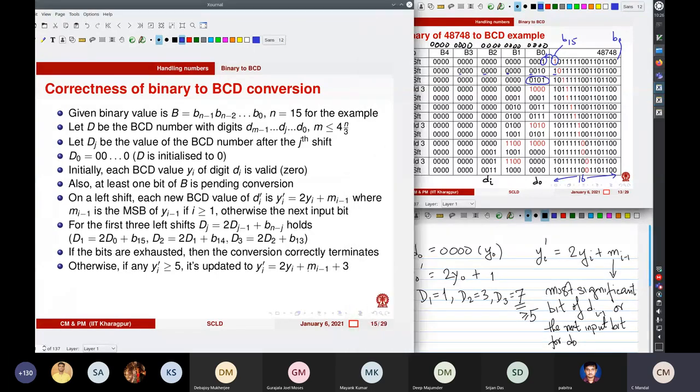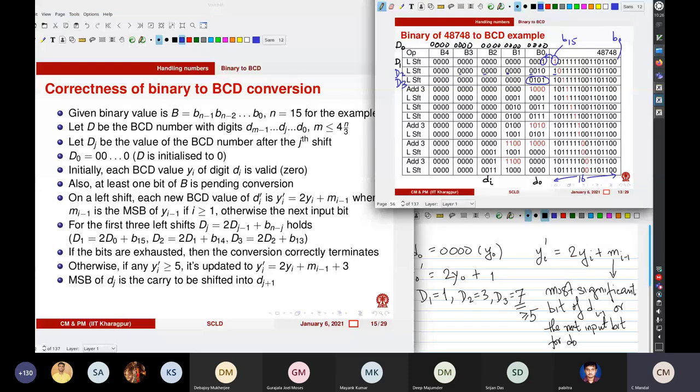So the updated value is this, the new value after adjusting. Of course, this bit will always be 1.